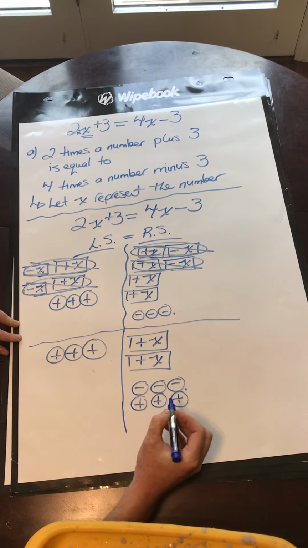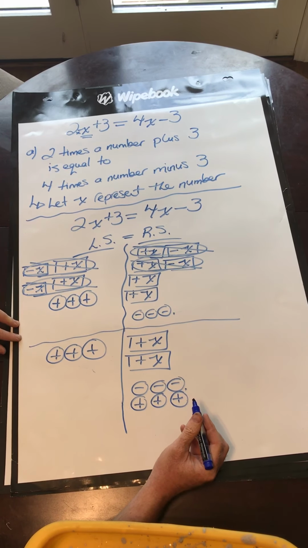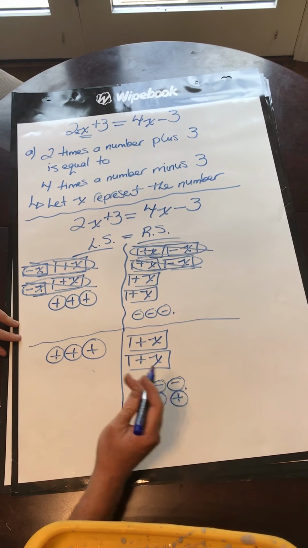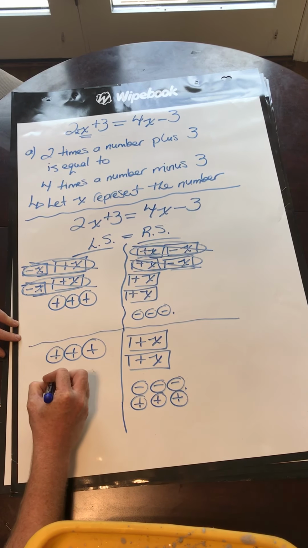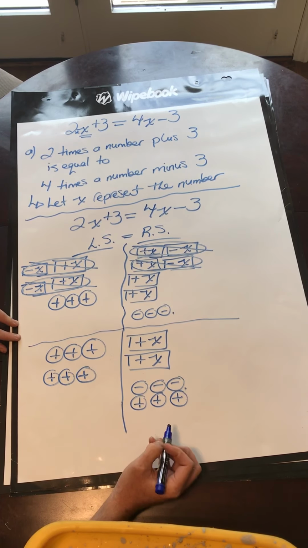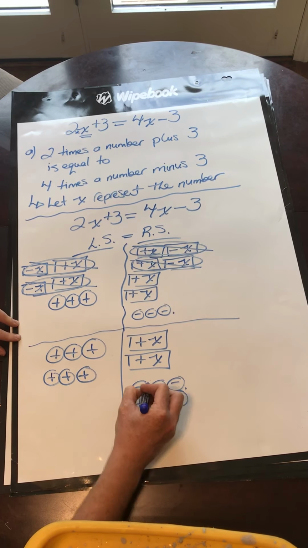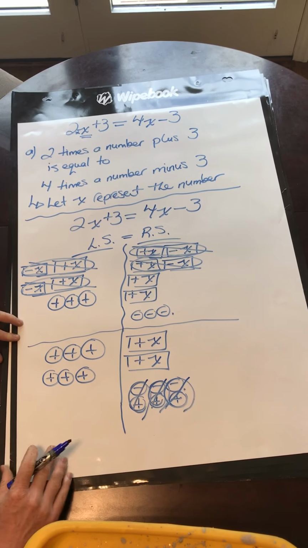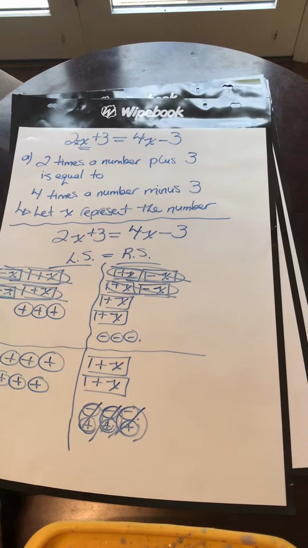And again, out of balance. How do I get back in balance? Whatever I do to one side, I have to do to the other, so I got to add 3 positive tiles to this side. Now I'm going to look for zero pairs. Any zero pairs? Yes. Cancel these out. Okay, and I'm going to simplify again.